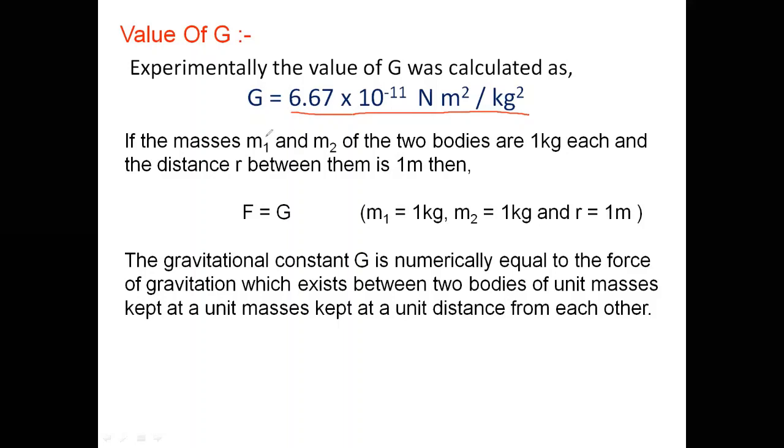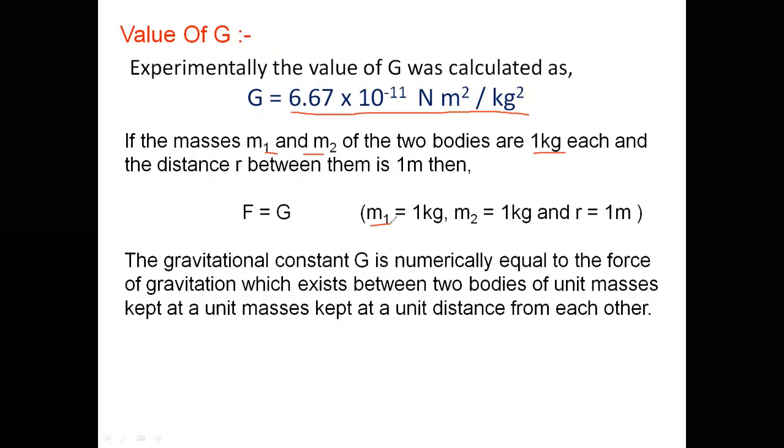Now, if the masses m1 and m2 of two bodies are 1 kg each, and the distance between them is 1 meter, then the gravitational force acting between them is equal to the gravitational constant, which means the force of attraction between two bodies of masses 1 kg each with a distance of 1 meter between them.